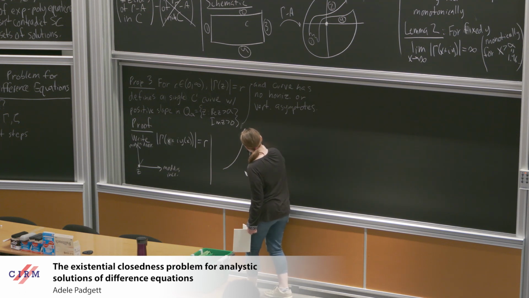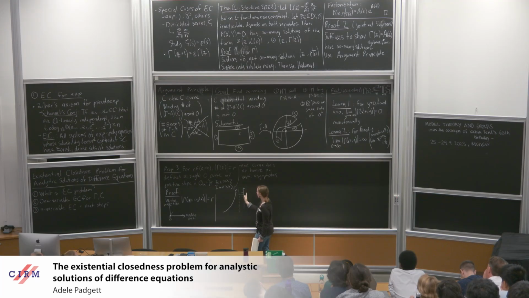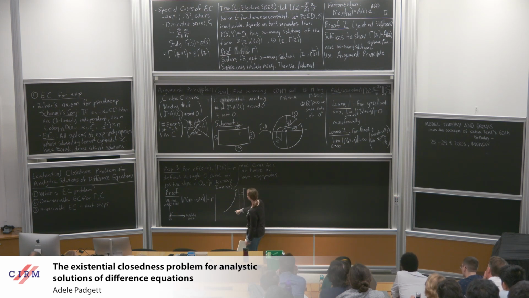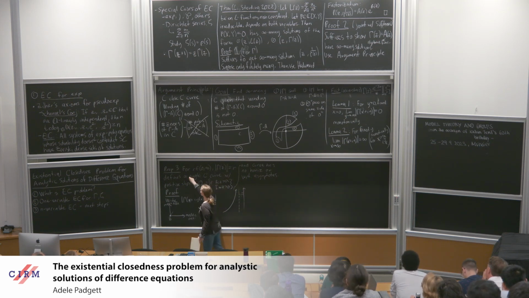But on the other hand, along this vertical line, the modulus should be going to 0. That can't happen if the modulus is always strictly greater than r. So you can't have vertical asymptotes. For the same reason, you can show there's no horizontal asymptotes. And for the same reason, you can show that there's just one of these curves of fixed modulus r for each r.